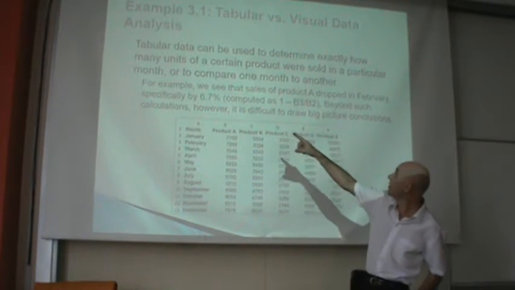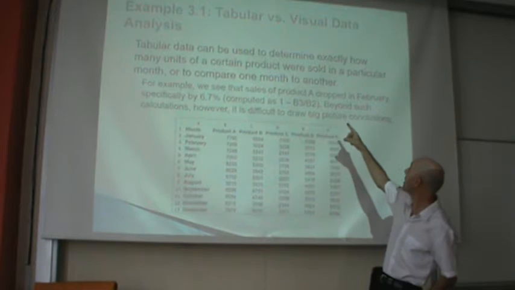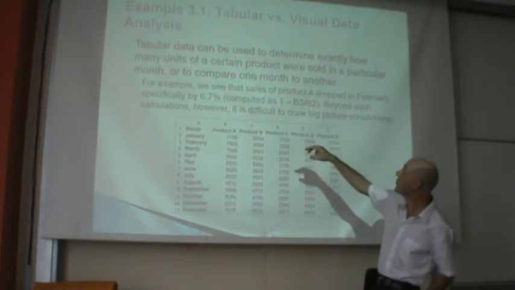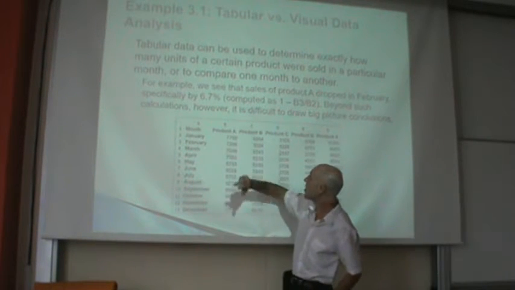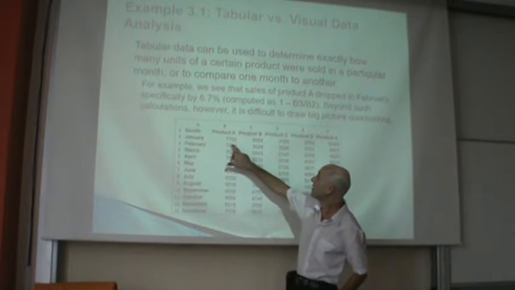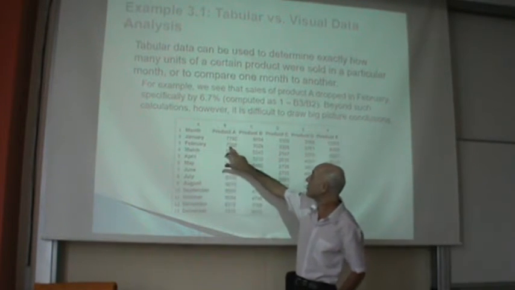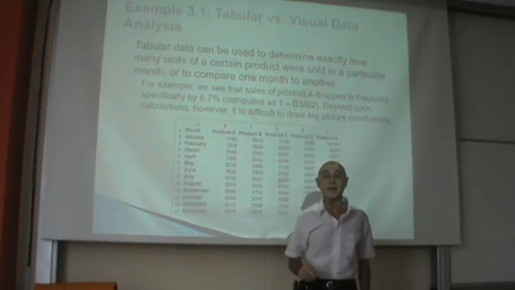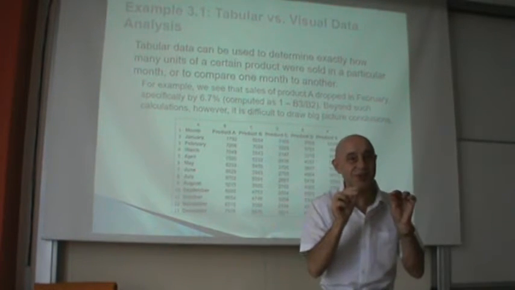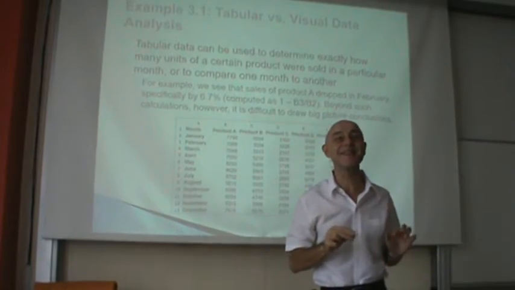For example, we see the sales of product A dropped in February. So this is product A, this is February, from about 7,800 to about 7,002. Now, you can try a little bit to zoom in, right?